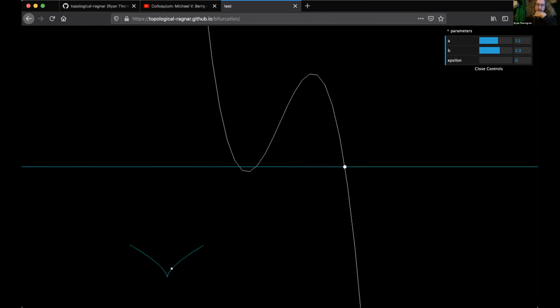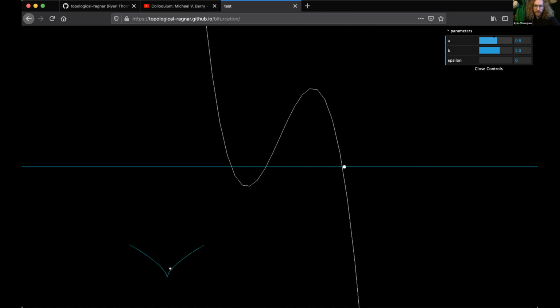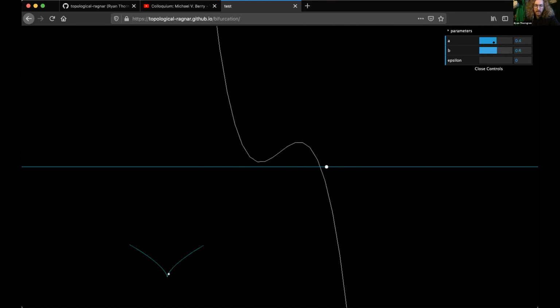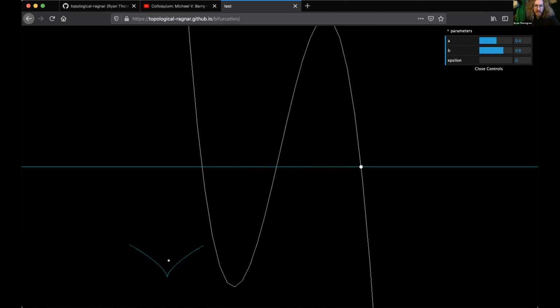So this direction in this phase diagram is A, this direction is B. And what I've drawn in blue here is the set where bifurcations occur. So you can think about this diagram as roughly divided into two regions. The region above this curve, which is called the cusp, or let's call this curve a cusp.